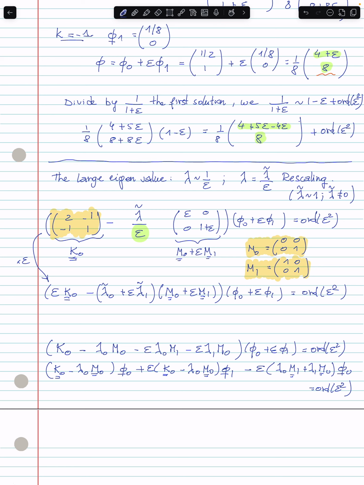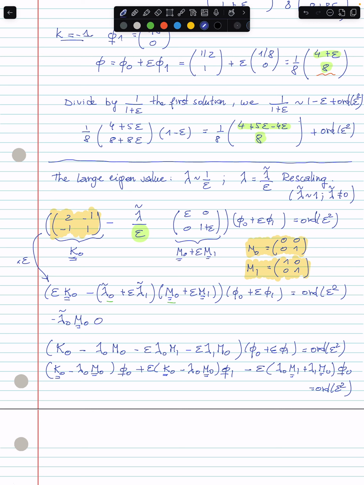I will start with lambda 0 tilde m0, because this one is first order. I'm just looking for the terms that are first order, and this is the only one, in fact, multiplied by phi 0. And then we are going to collect the other terms, which are of the following order.